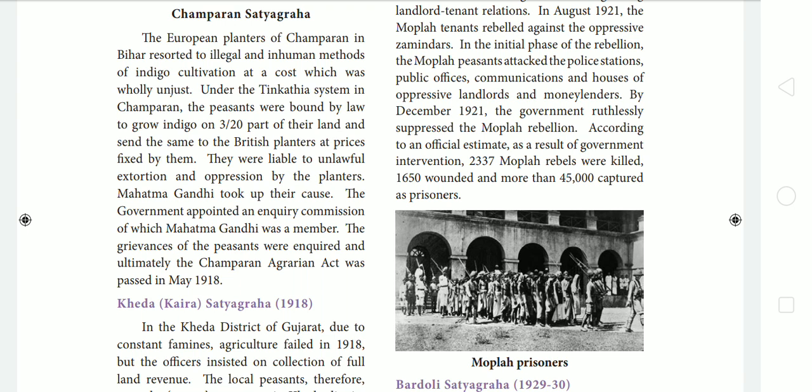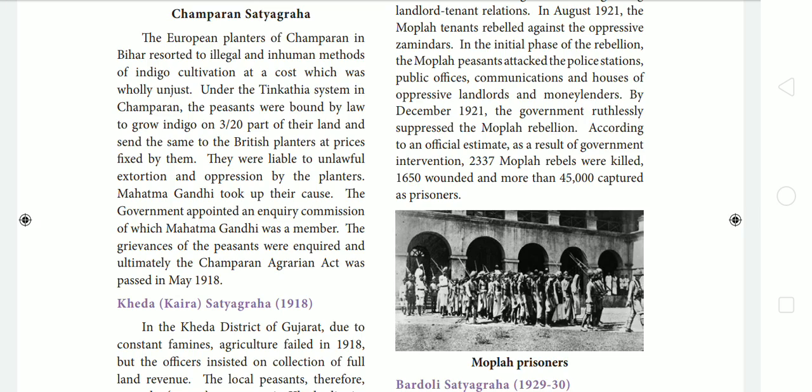The British government appointed an enquiry commission to inquire about the Champaran Satyagraha. The grievances, that is the complaints of the peasants, were inquired by the commission, and after that the Champaran Agrarian Act was passed in May 1918.